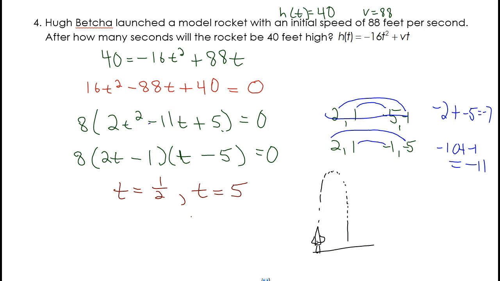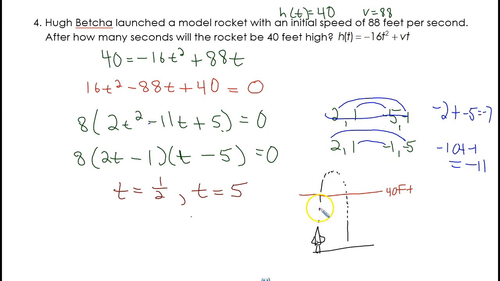So when it says how long is it going to take it to get to 40 feet high? Well, let's say that this is 40 feet high, right here. Can you see why we have two positive answers?